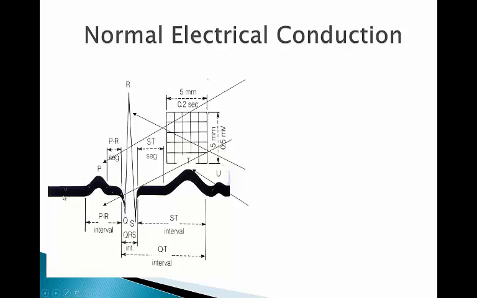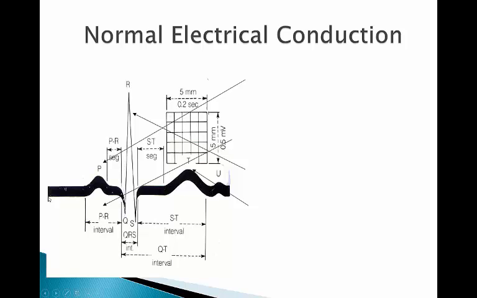So here's the P wave. That's atrial depolarization. And then the PR interval is from the beginning of the P wave to the beginning of the QRS. That is that slowing down period when it gets to the AV node. The QRS is ventricular depolarization, and cardiac squeeze, if you will, cardiac contraction or ventricular contraction.